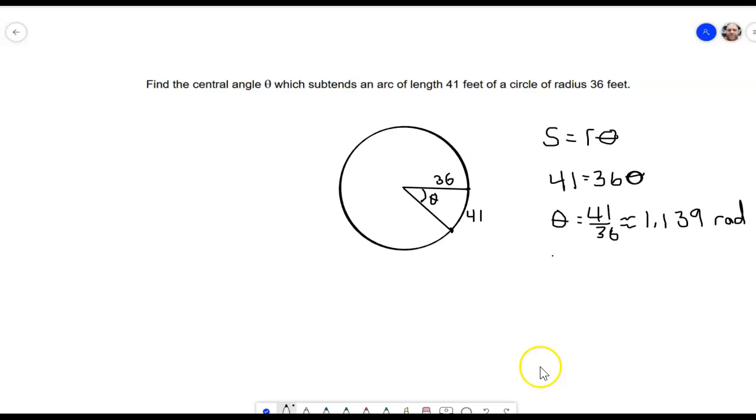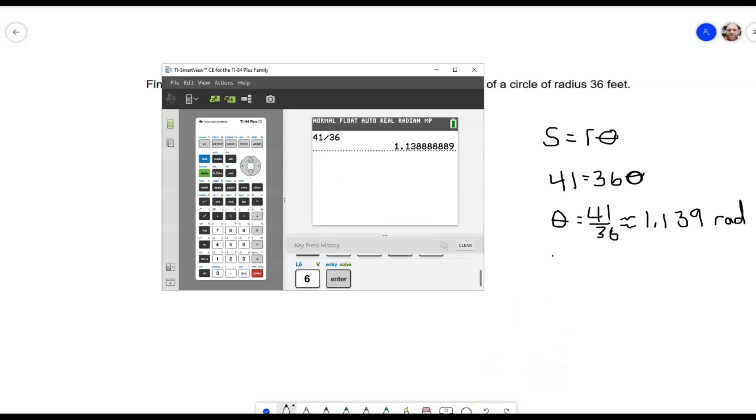Now if we wanted to convert that to degrees, I'd probably just leave it in my calculator like this. Remember, to convert to degrees we multiply by 180 degrees over pi. We put the pi on the bottom so those radians cancel out.